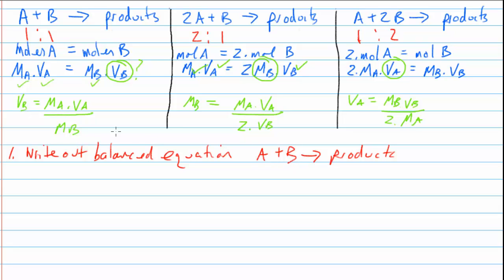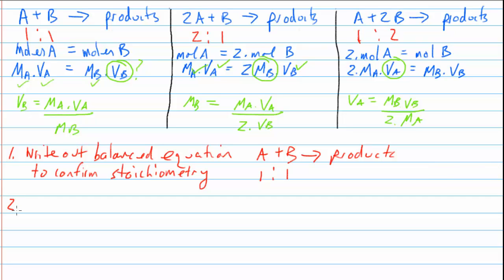So this will confirm the stoichiometry with respect to the reactants, whether it's 1 to 1 or whether it's 2 to 1 or 1 to 2 or whatever.